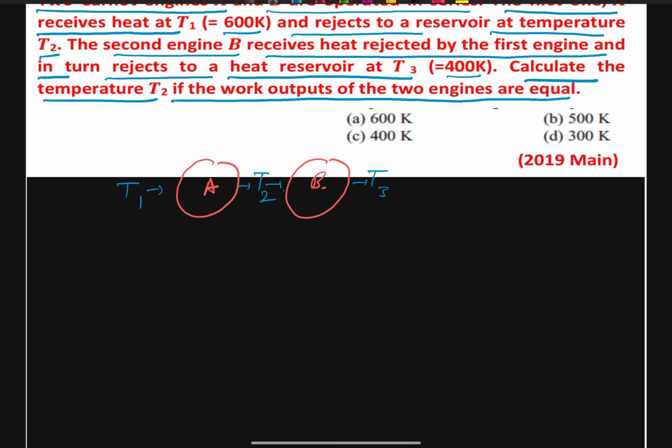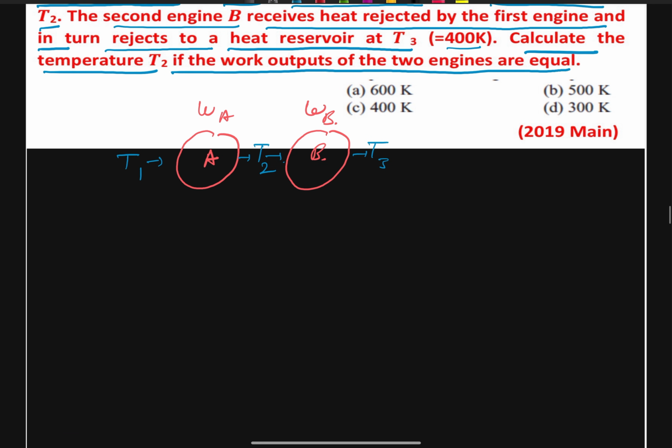If for A the work done is WA and for B the work done is WB, then the work done by A is equal to the work done by B. Let us suppose that is equal to W.